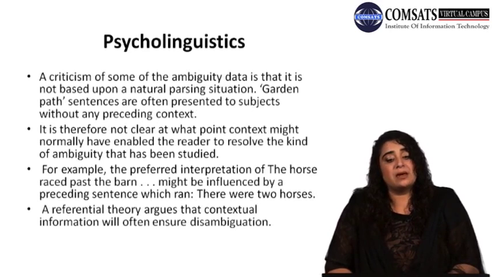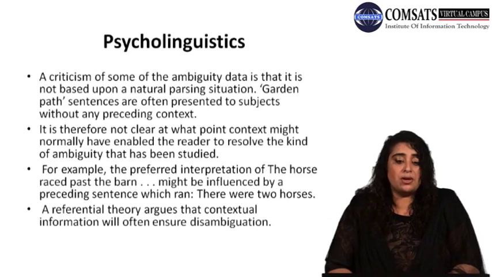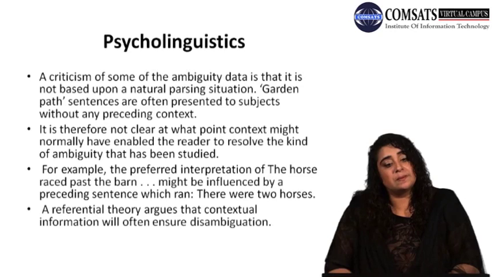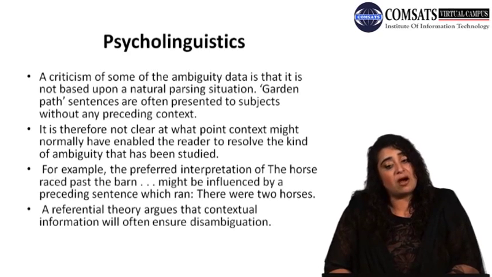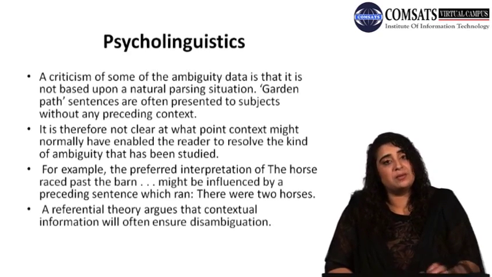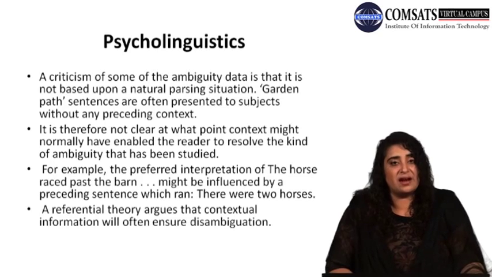A criticism of some of the ambiguity data is that it is not based upon a natural parsing situation. Garden path sentences are often presented to subjects without any preceding context, like they don't even give anything ahead of it.